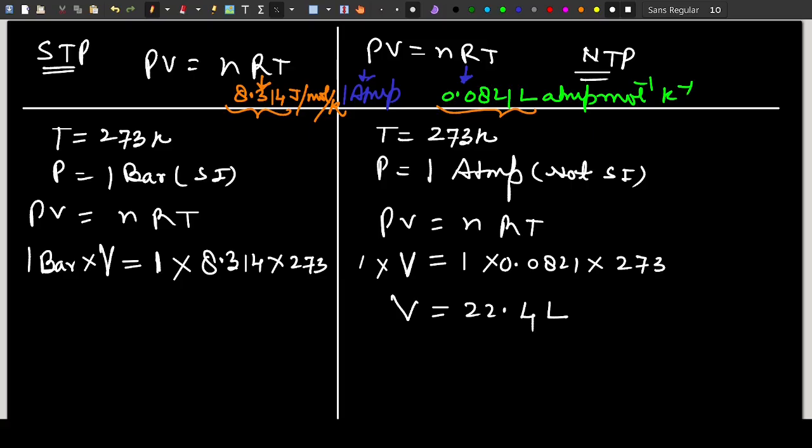But friends, here V is coming 22.7 liters, if we finally convert in terms of liters.